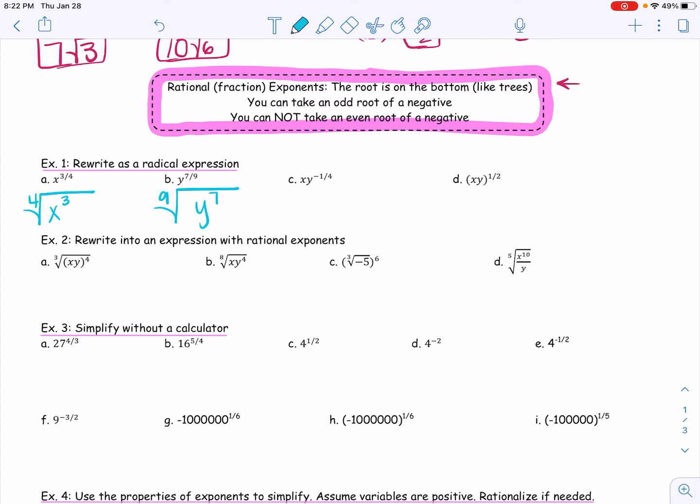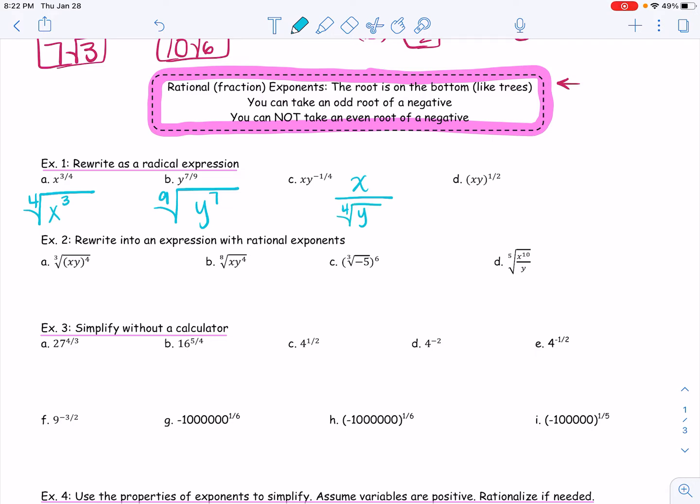So in C, if I'm just focusing on that y, because it's negative, I know it's going to go in my denominator. So I already know I have a fraction. X is actually chilling at the top. We don't do anything with it. There's no root, there's nothing. Y, we said, was going to be in the denominator, so that takes care of the negative. It's going to be the 4th root of y to the 1st power.